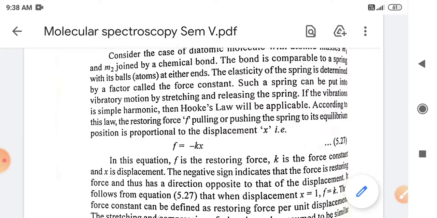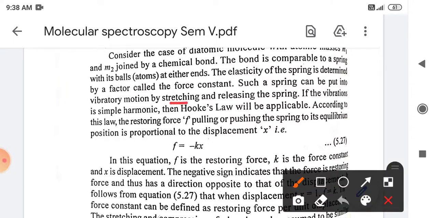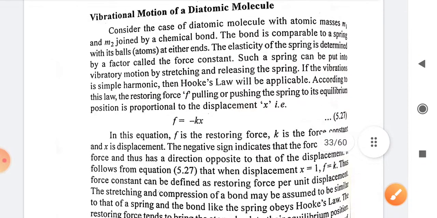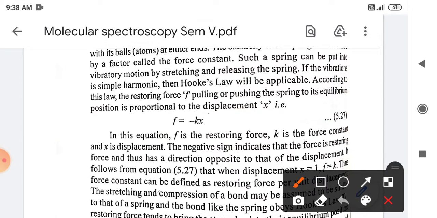Such a spring can be put into a vibratory motion by stretching it and releasing it. If the vibrations are simple harmonic, then Hooke's law is applicable to such a system. According to this law, the restoring force F will pull or push the spring to its equilibrium position, so that the displacement is x.